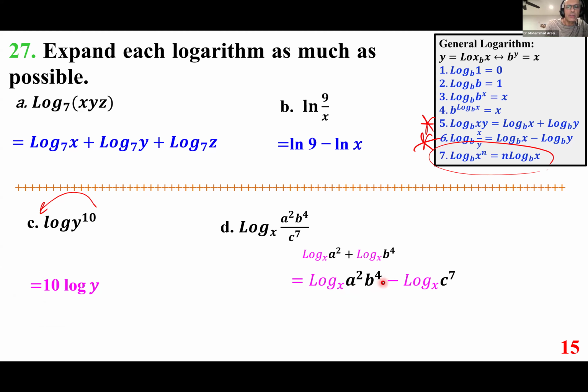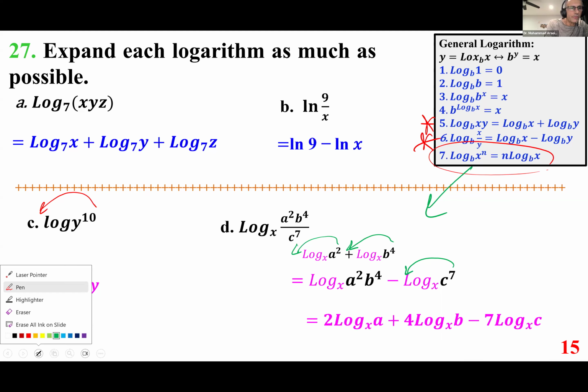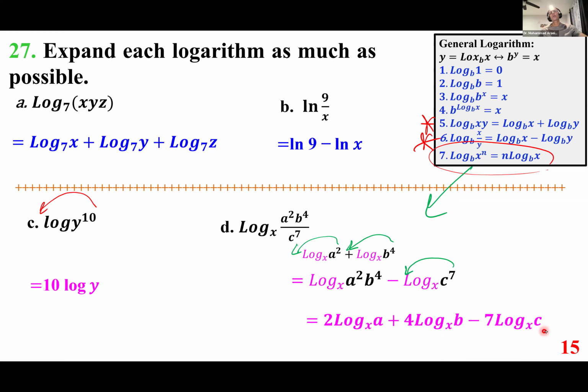And all of these use the power rule. So we put the 2 in front, 4 in front, 7 in front. So the final answer becomes 2 log a base x plus 4 log b base x minus 7 log c base x. Very straightforward, everybody. And in other words, we are comfortable with logarithmic properties. This becomes a piece of cake.